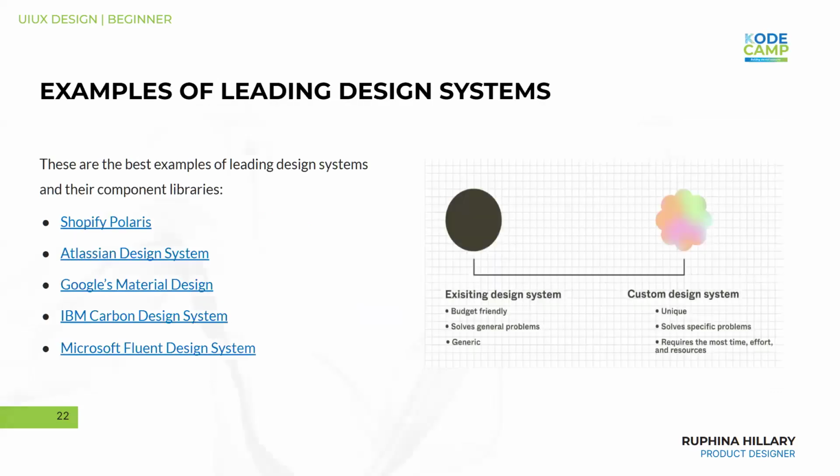So yeah, some examples of some leading design systems. We have the Google Material System. This one I talked about when you talk about your Google Docs, your Google Drive, your Google PowerPoint, even your Gmail. They all look similar. The interface is very, very similar.